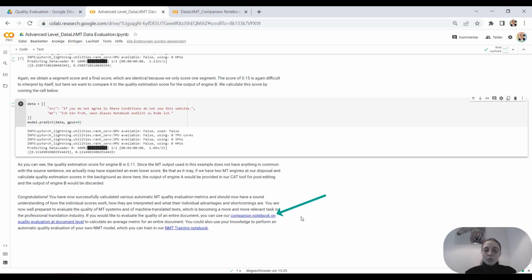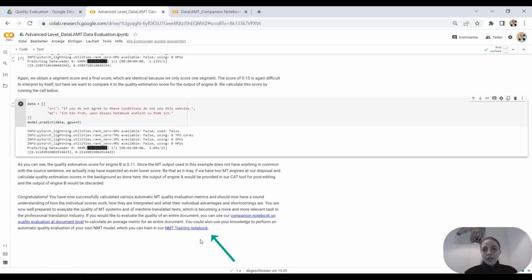So you're welcome to have a look at this companion notebook on document level, for which we also have a tutorial and accompanying video.